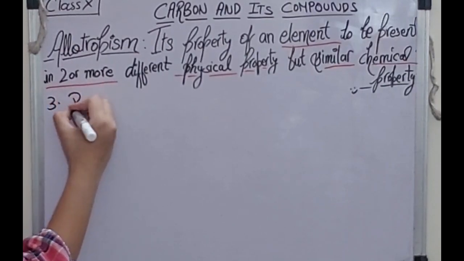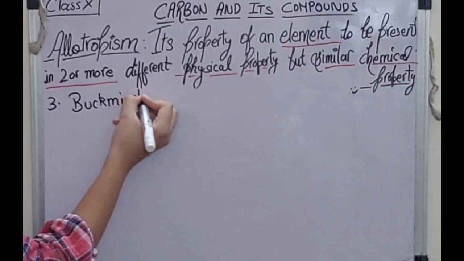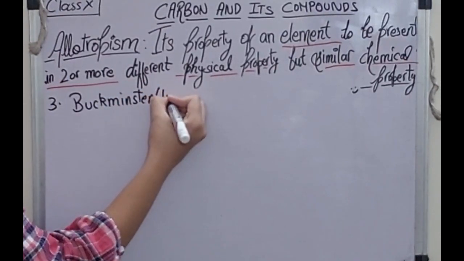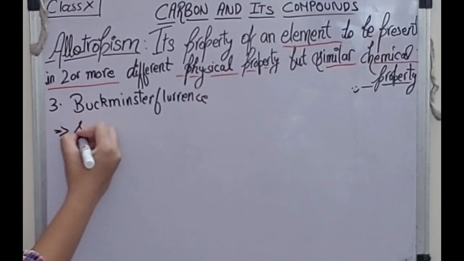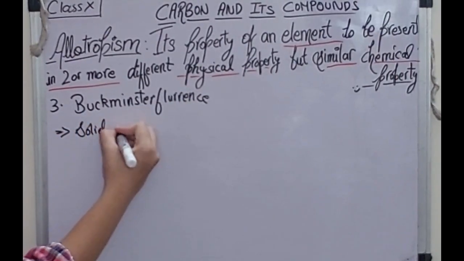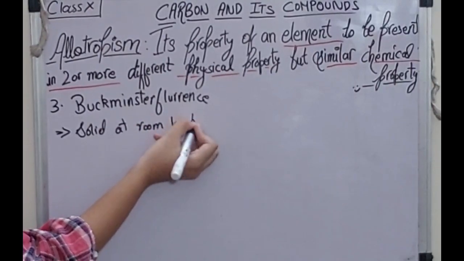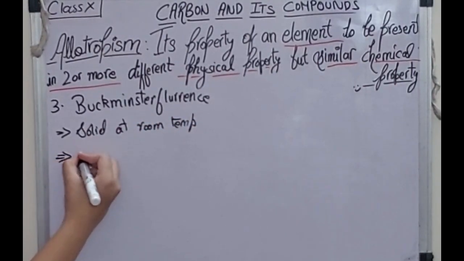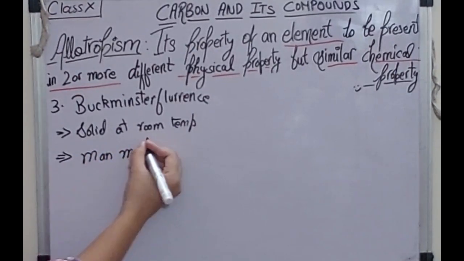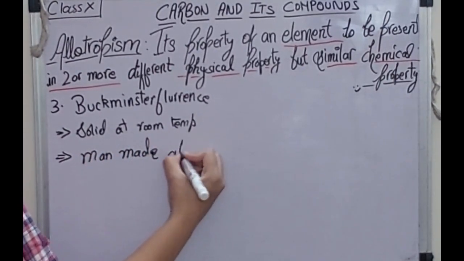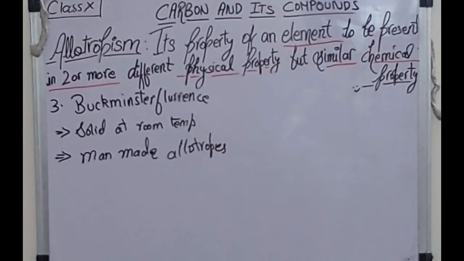Third is Buckminster fullerene. Solid at room temperature. It's a man-made allotrope. The rest were natural allotropes, but this is a man-made allotrope, meaning it is made in laboratories.